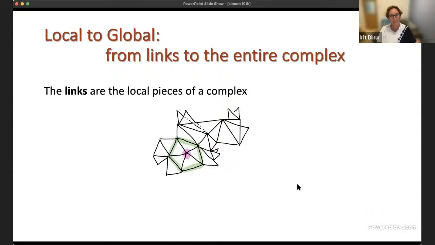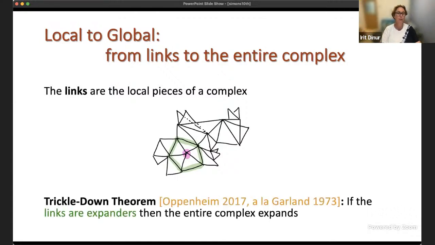And it turns out that in high-dimensional expanders, just by understanding things about the links, you can gain a lot of understanding about the global structure of the entire object. Okay, one really beautiful theorem is the trickle-down theorem of Oppenheim, which in some ways dates all the way back to Garland from 1973.